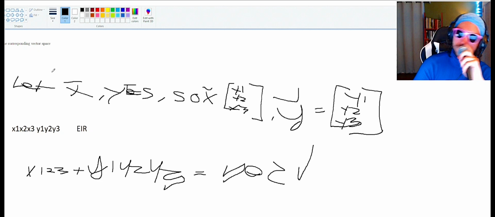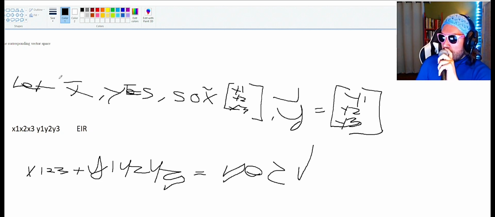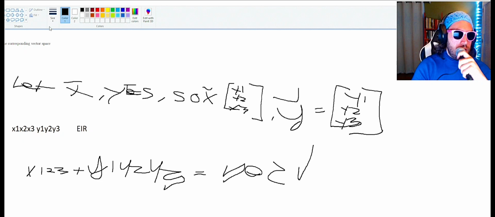That's the main takeaway from that. We can say S is a subspace of R cubed. Okay. So that's basically it. Nothing too crazy on that one. Hopefully that hasn't melted your brain too bad.